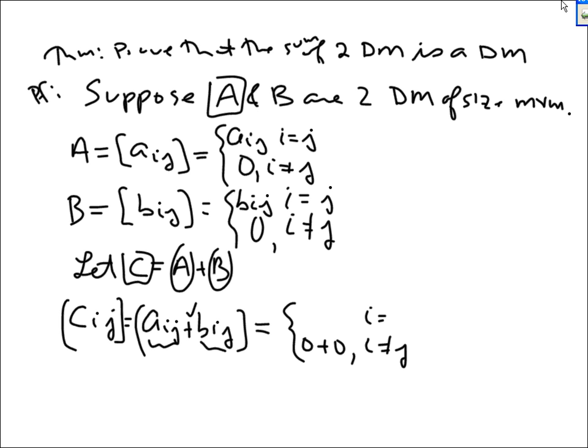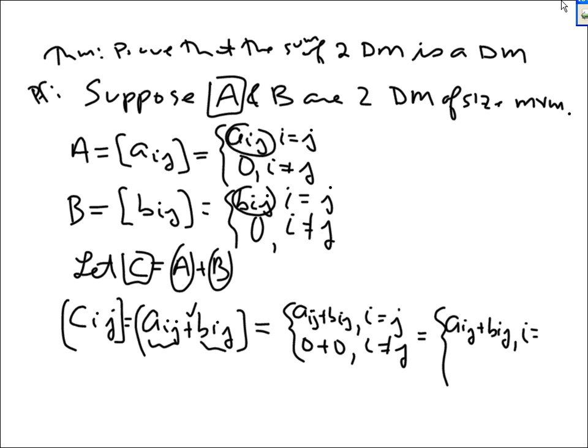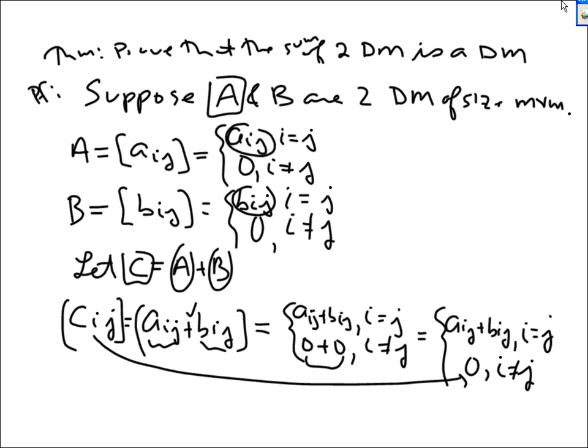And if i is j, well then, I get aij plus bij, whatever. I don't care what this is when i is j. But 0 plus 0 is 0, and that I do care about. When i is not j, I'm supposed to get 0. And I did. cij is 0 when i does not equal j.